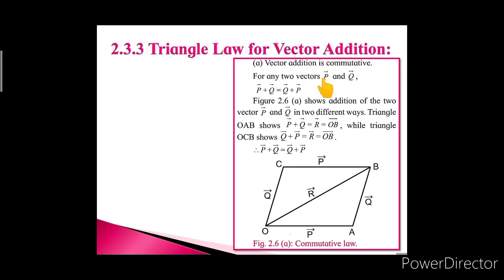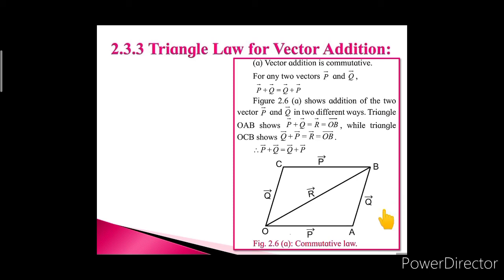When we add vector P plus vector Q we get the resultant, and if we add vector Q plus vector P we get the same resultant. So let's see how we can show that vector addition is commutative.